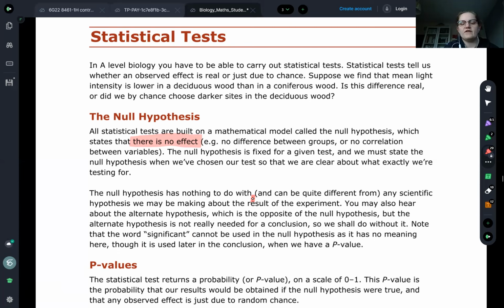So for example, this one at the top, suppose we find that mean light intensity is lower in a deciduous wood than in coniferous wood.